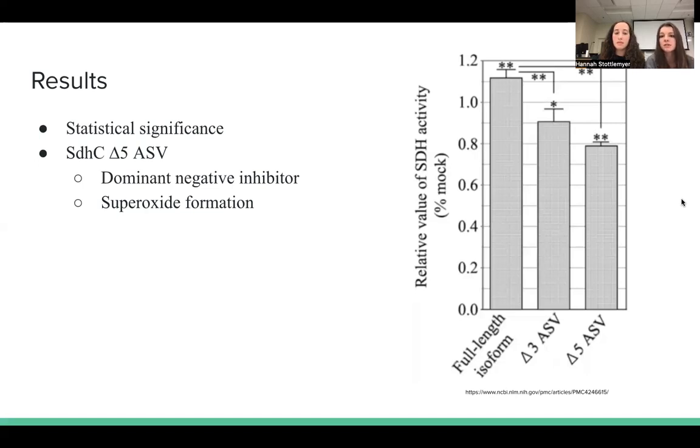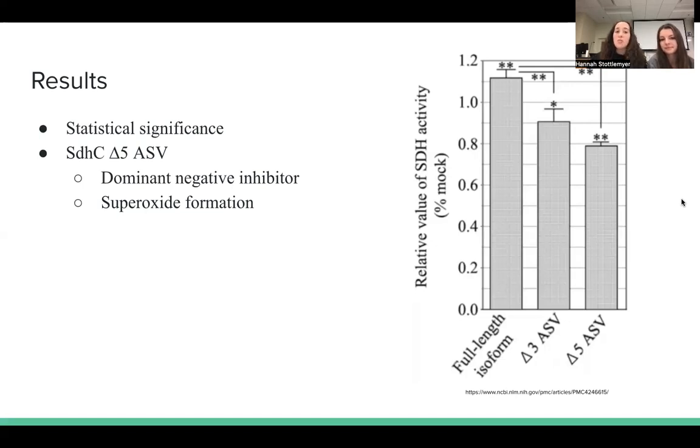And because those p-values are so low, we're able to reject the null hypothesis that essentially says that there is no difference in SDH activity between any of the 3 categories. And because we reject that null, we are in turn able to accept the alternative hypothesis that not only is there significant difference in SDH activity for those 3, but the delta 5 ASV in particular also acts as a dominant negative inhibitor.